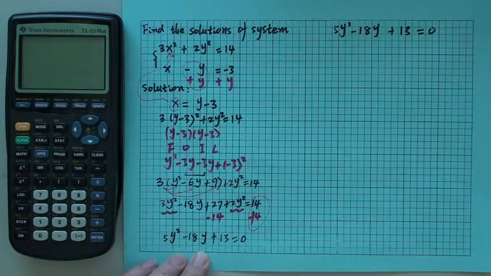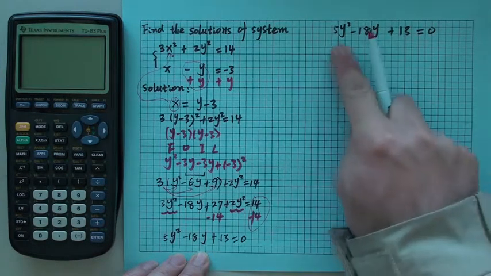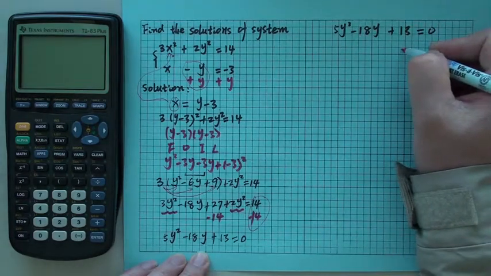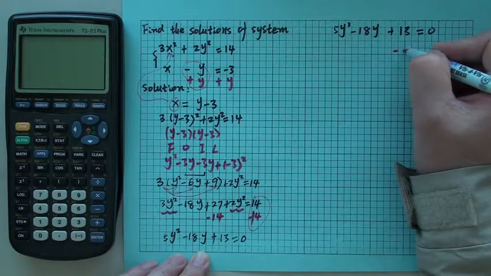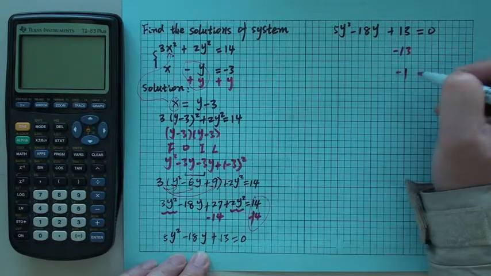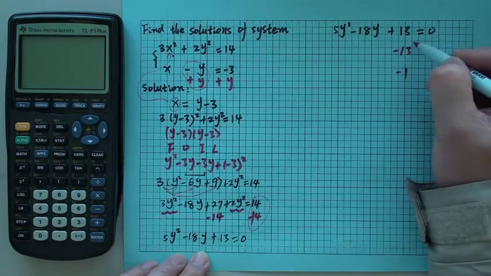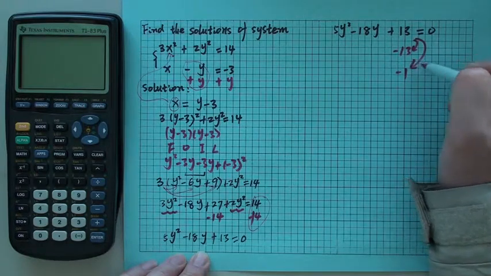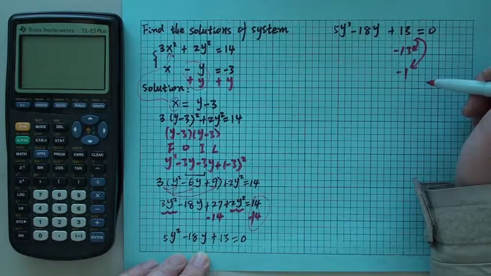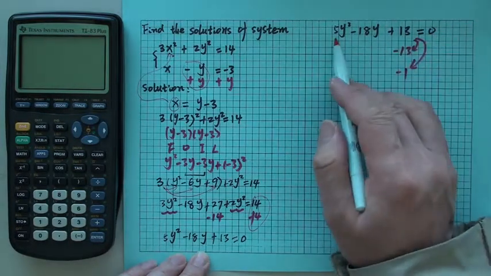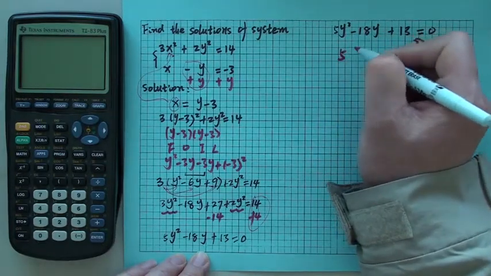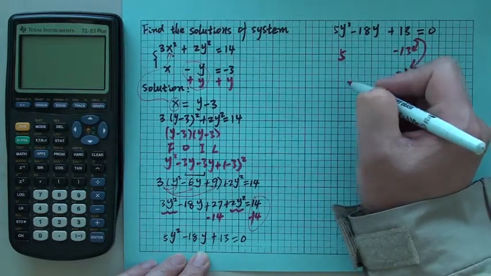If the leading coefficient here was 1, then we could just split this 13 into negative 13 and negative 1, because we know negative 13 times negative 1 is positive 13. But down here you have a 5 there, so you also need to split 5. 5 can be split as 5 and 1.